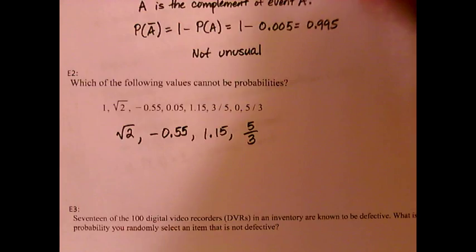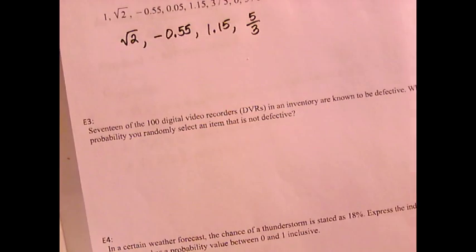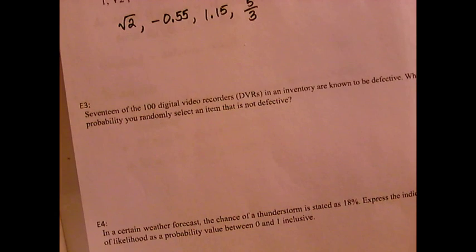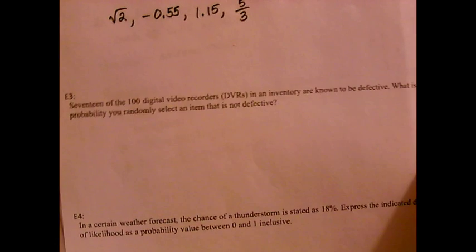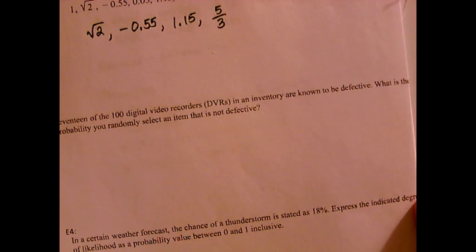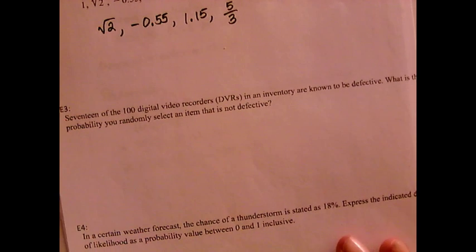Okay, all right. Now the next example deals with the complement in a real situation where 17 of the 100 digital video recorders, or DVRs, in an inventory are known to be defective. What is the probability you randomly select an item that is not defective?